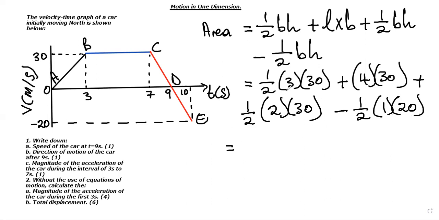Now, if you say 3 times 30, you get 90. 90 times a half, it's 45. Then you say 4 times 30 will just be 120. 4 times 3, it's 12. Then you say 2 times 30, it's 60, divided by 2 will just be 30. And then you say 20 divided by 2 will just be 10.